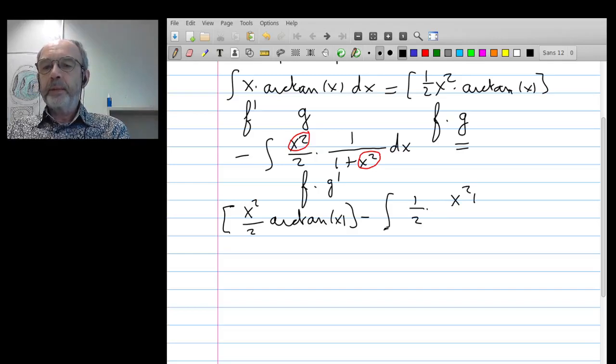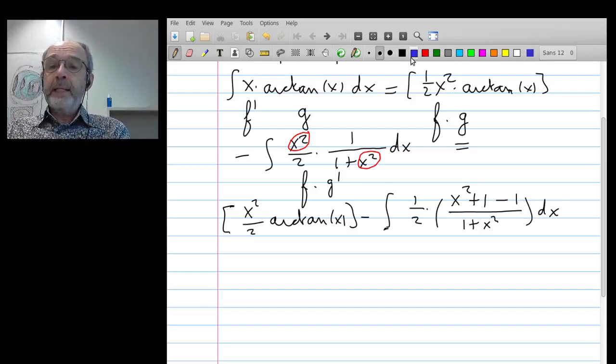So this one here, x squared plus 1 minus 1 divided by 1 plus x squared, dx. In a certain sense, I have changed nothing, I have only done plus 1 minus 1. Why? If you divide these together, you get 1, and the primitive of 1 is no problem.